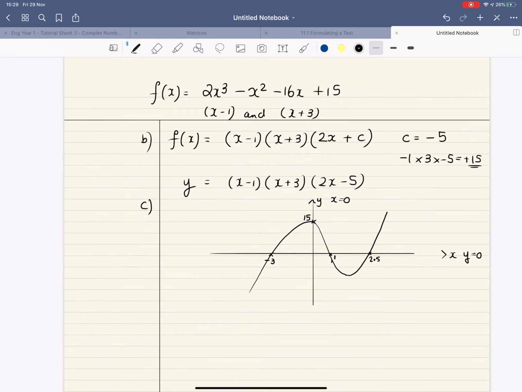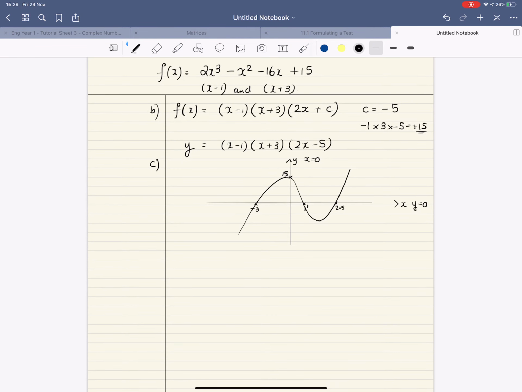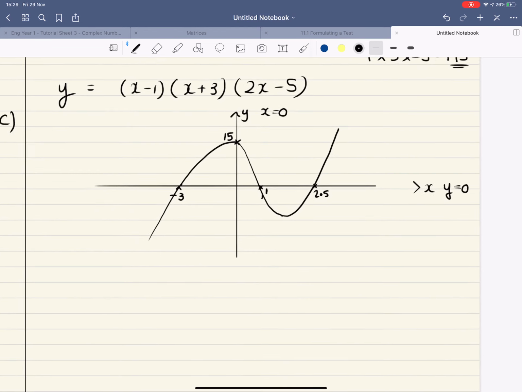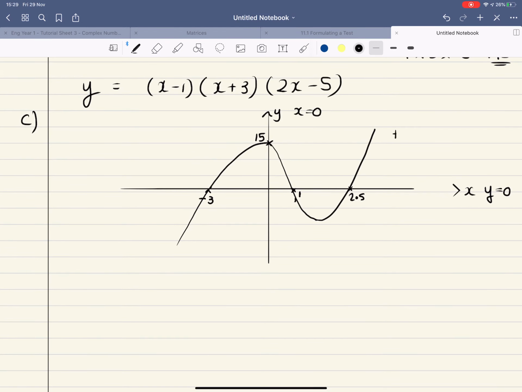Now, where is this cubic greater than or equal to 0 was part D. Solve the inequality f of x, so that's the cubic, greater than or equal to 0, so that means positive. Up here it's positive, along here it's 0, and down here it's negative, because these are negative numbers down here, and these are positives, and that's the 0.